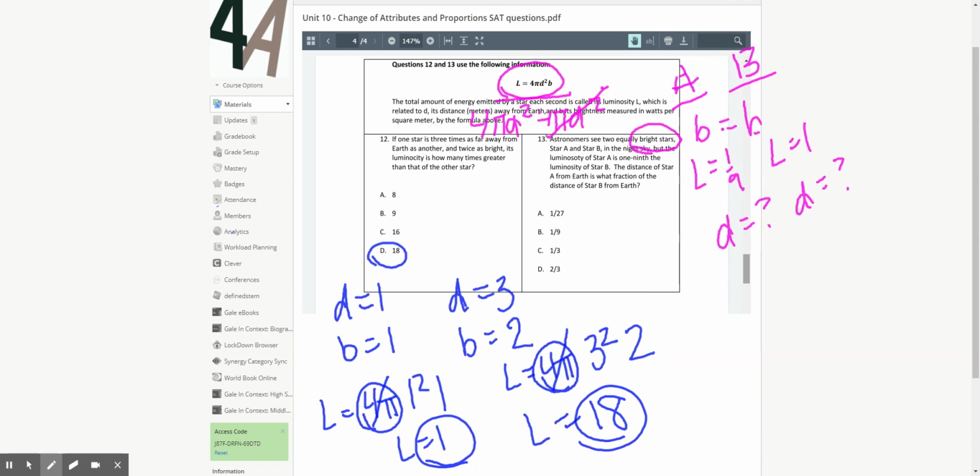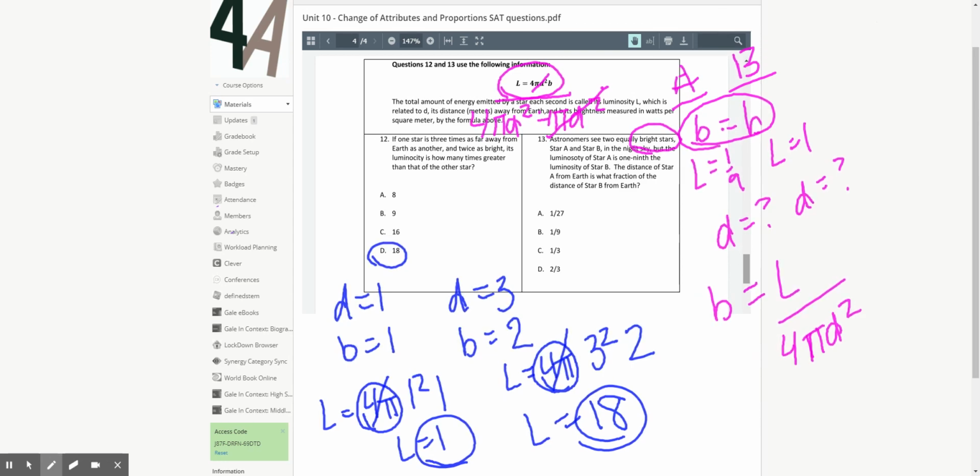These 4 pi d squareds would cancel out. So we would get brightness equals L divided by 4 pi d squared. And because the brightnesses are equal, we could set those equal to each other.